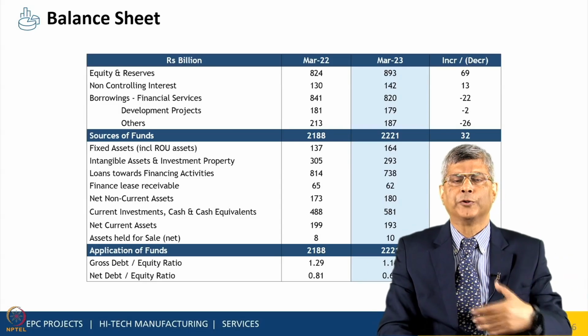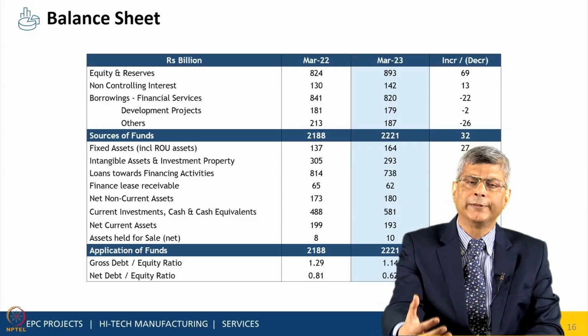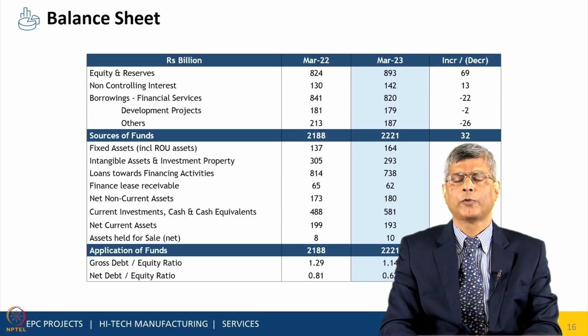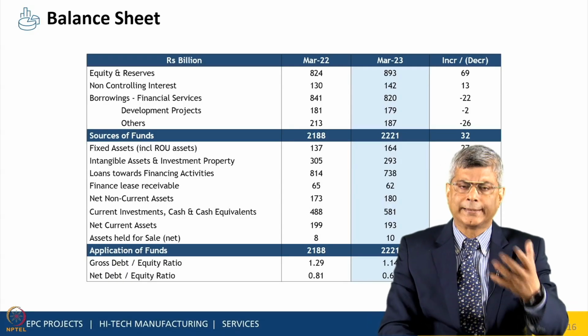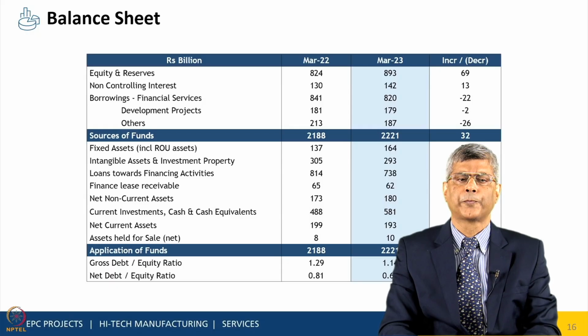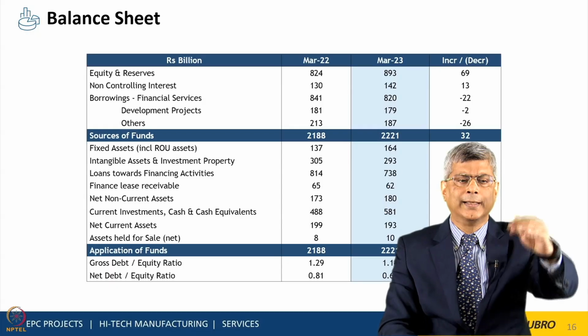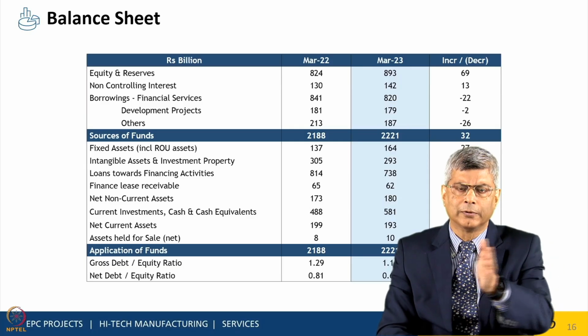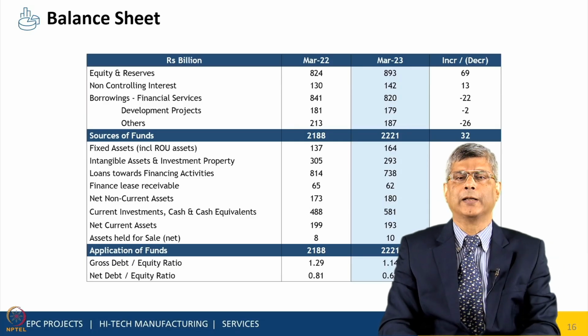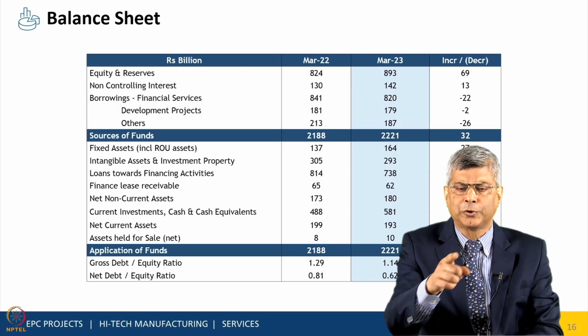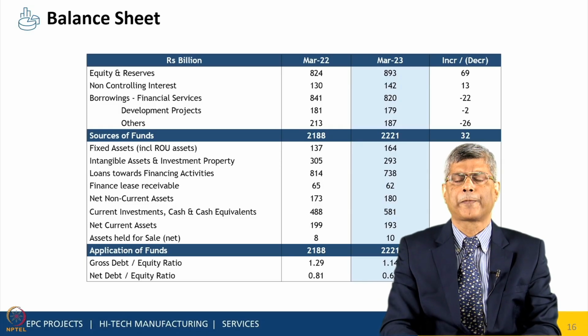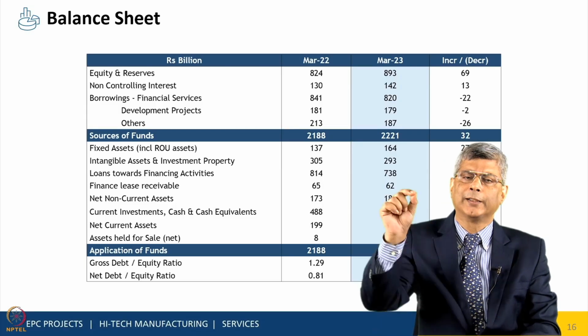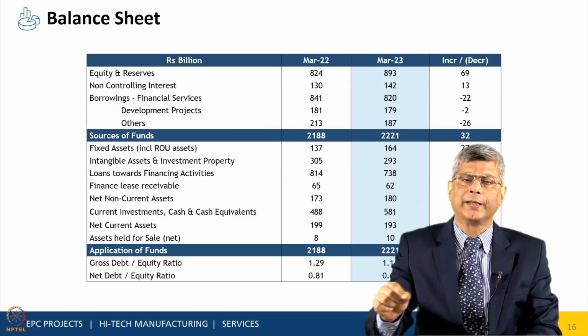If you go to Bombay and you go to Powai, you'll find big offices, which are L&T offices. That's their assets. And then there is other kinds of assets, which together then give an application of funds. And again, it says 2188 billion rupees. And you'll see that the source of funds matches the application of funds.